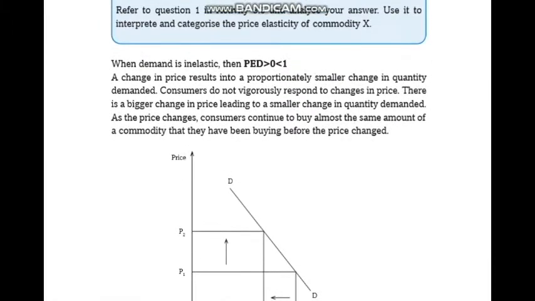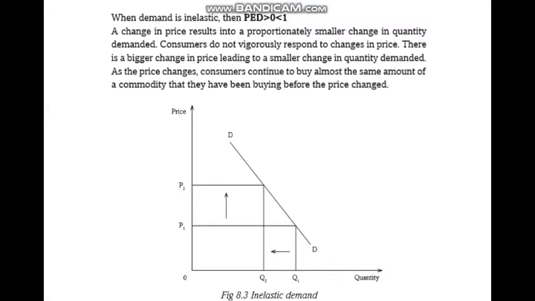A change in price results in a proportionately smaller change in quantity demanded. Consumers do not vigorously respond to change in price. There is a bigger change in price leading to a smaller change in quantity demanded.